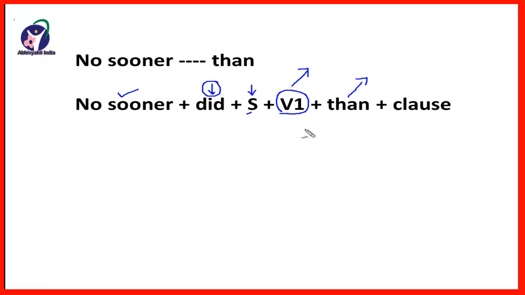So the chances are there for 3 mistakes. Check did and subject, they may be interchanged, so that will be a mistake. Check whether it is V1, V2 or V3 form, and check the THAN spelling. Now the second is no sooner had.